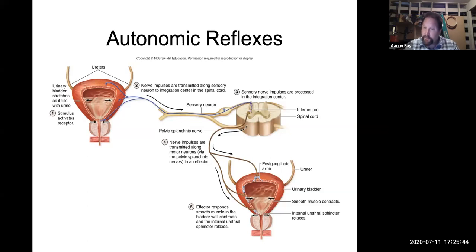This is smooth muscle. So the muscle of the bladder wall, you do not have conscious control over. When the bladder fills with urine, it blows up and expands like a balloon. This activates stretch receptors in the wall of the bladder. These stretch receptors are going to cause action potentials on the dendrites of visceral sensory neurons.